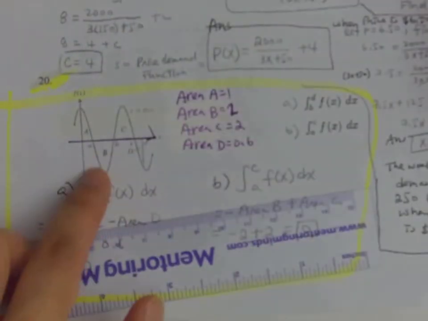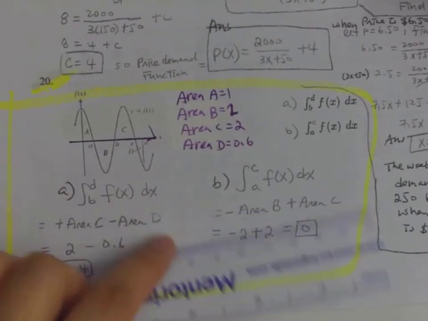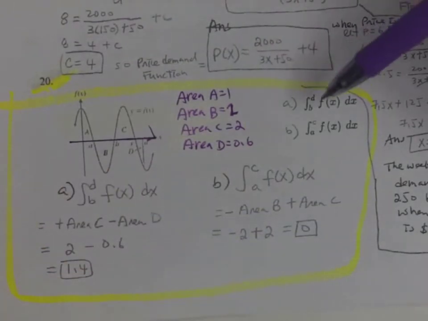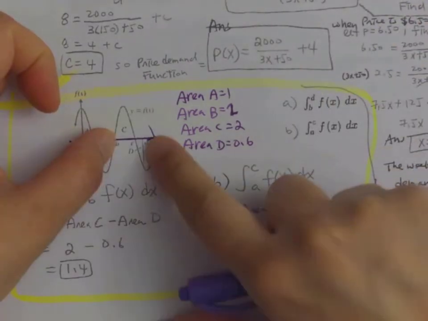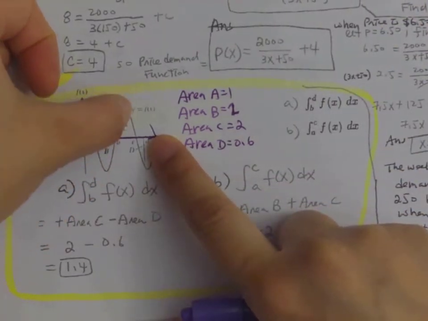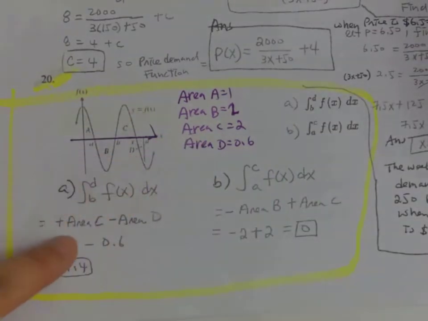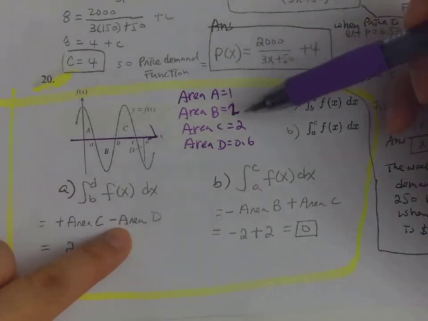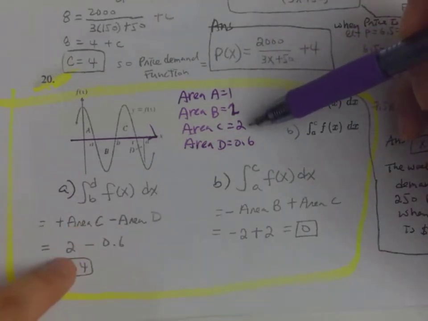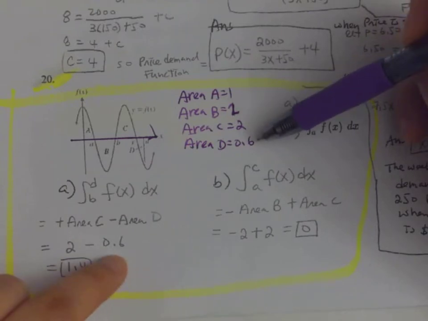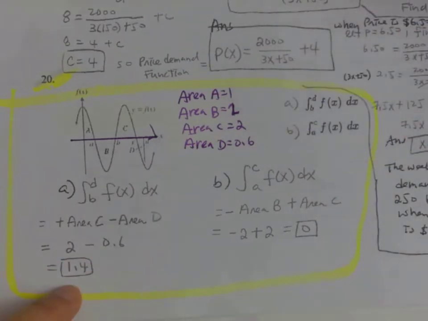The area underneath the x-axis is subtracted, it is negative, right? So the first one says B to D. From B to D, we have C on top, positive, and D at the bottom, negative, so we have the positive area C minus the area D. Area C is 2, subtracting area D is 0.6, so the answer is 1.4.